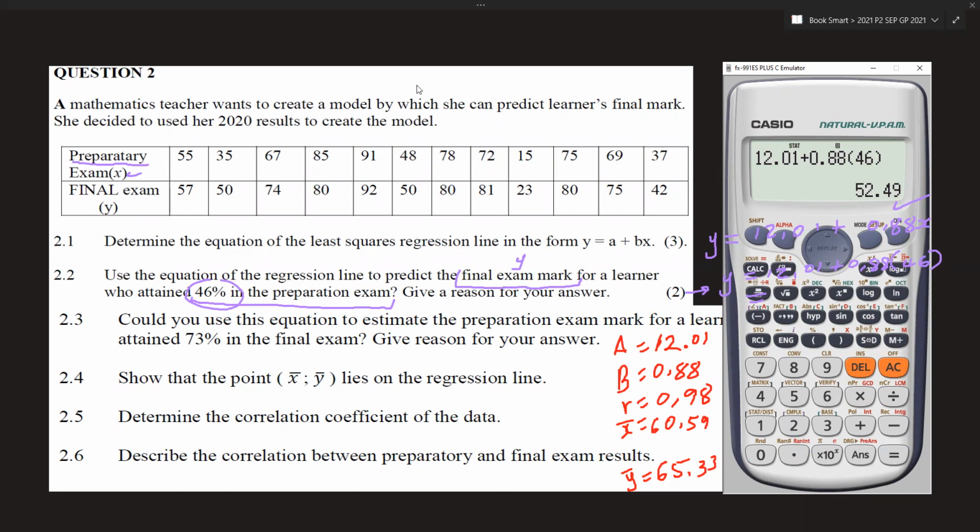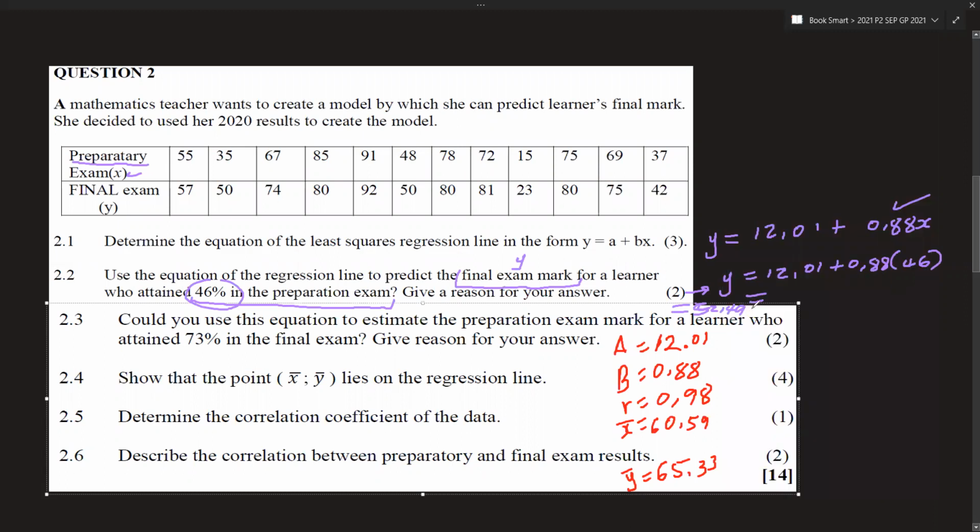So this is 52.49%. Okay, I'm going to remove the calculator so that we can see. So it's 52.49. Let's write it here: 52.49%. Awesome.